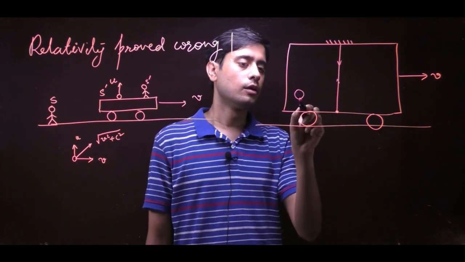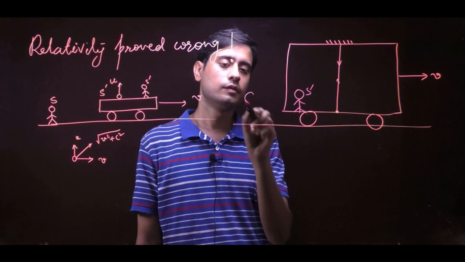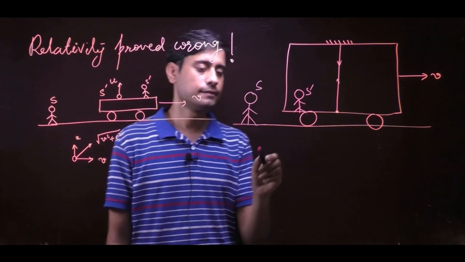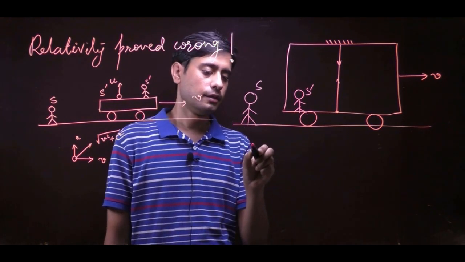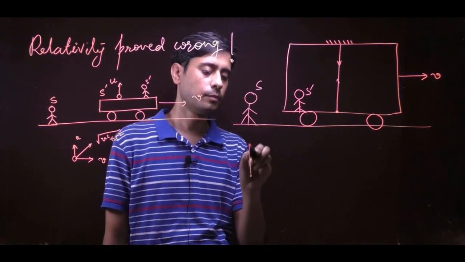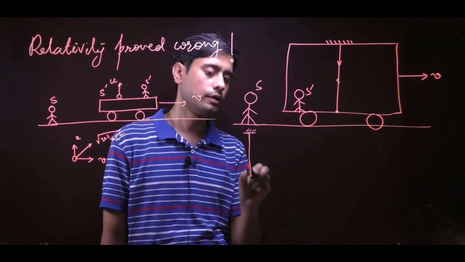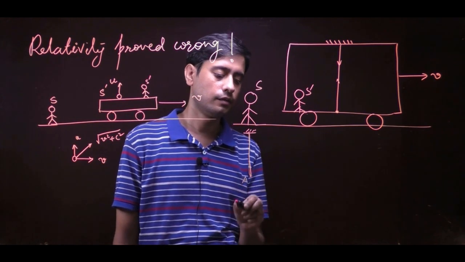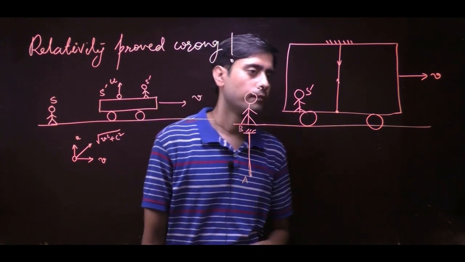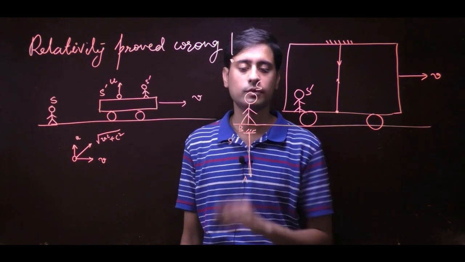There is an observer, this is S prime, and there is another observer which is S. For S prime, we have seen that he will say that the light ray starts from A, goes to B, and then returns from B to A.